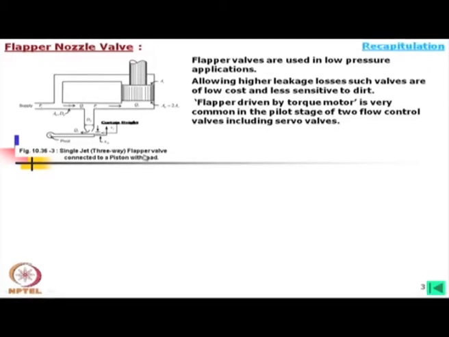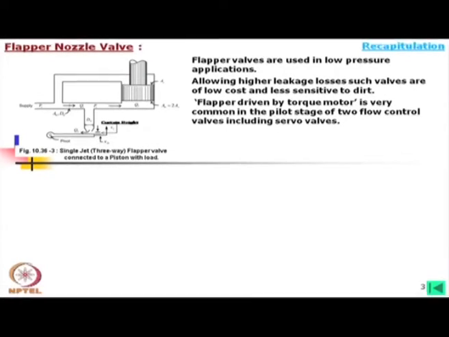Now, that 4-way spool valve is again used to actuate another spool valve, which is also 4-way, which is actually the main stage of the valve, because in many cases the load is so high that if you use a single stage spool, it becomes difficult to control that spool. The spool force is very high, and with high force control becomes difficult.